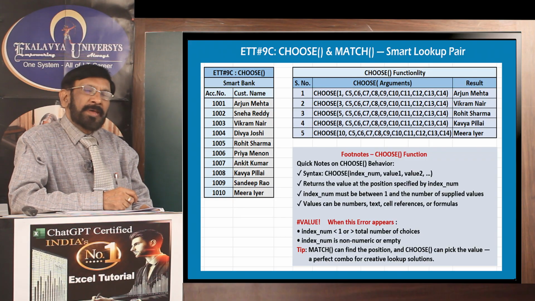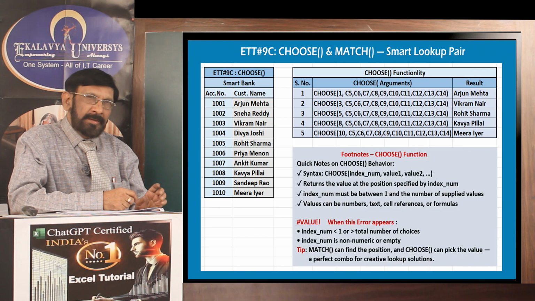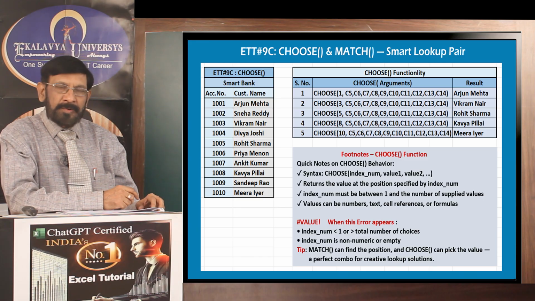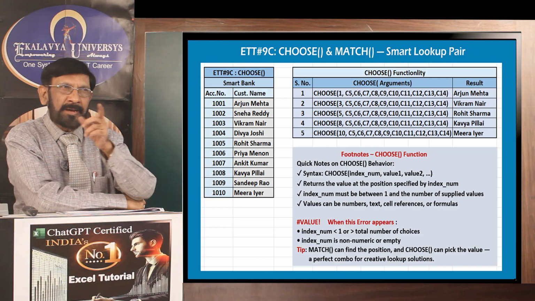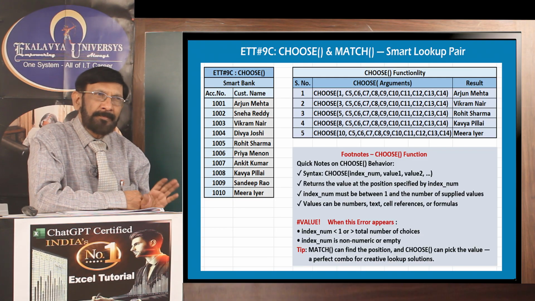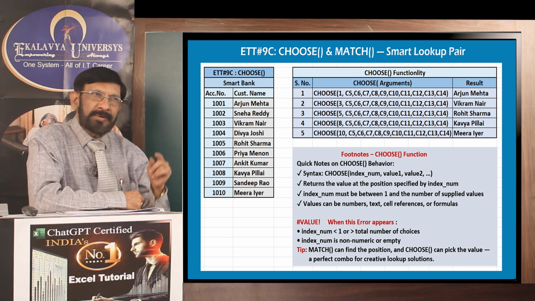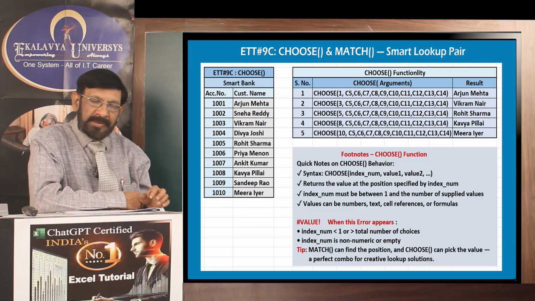Now 9C. Now I am demonstrating the choose function. Here again an ascending list I have given. Now see the syntax. What do we have to write? We have to write the position, not the account number. Position you have to write, and one we have written. Thereafter, either names you have to give in string form, otherwise corresponding references.